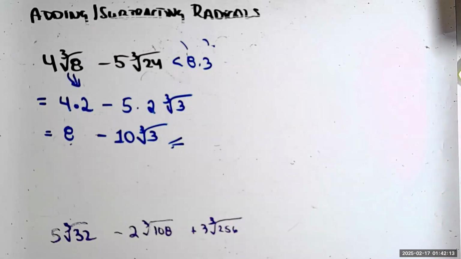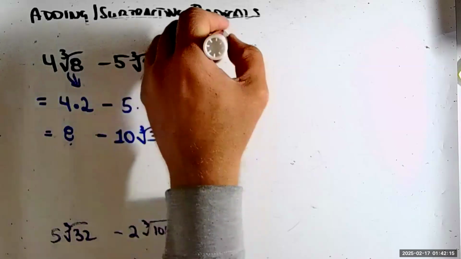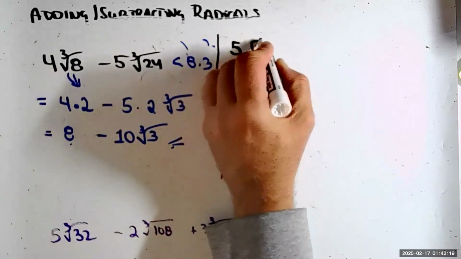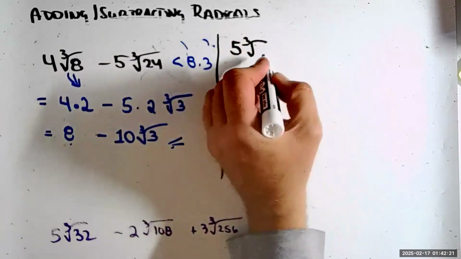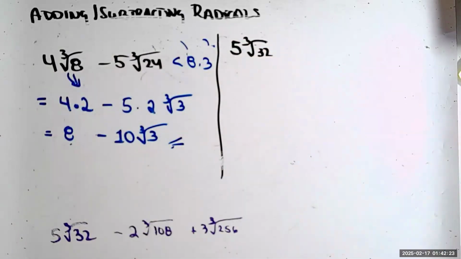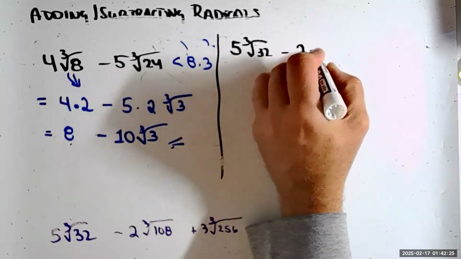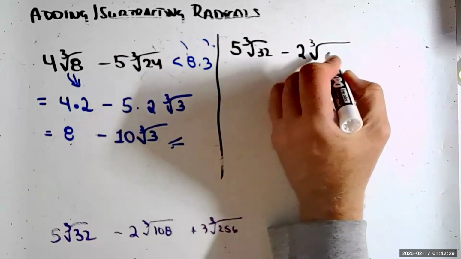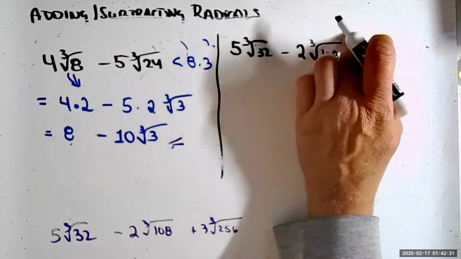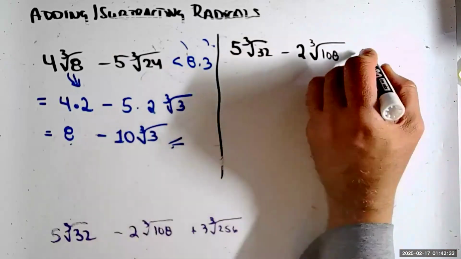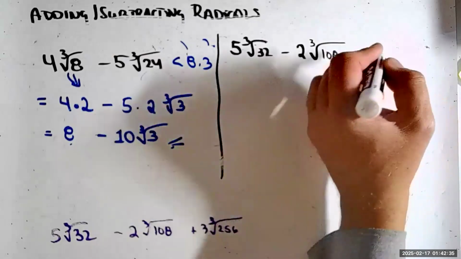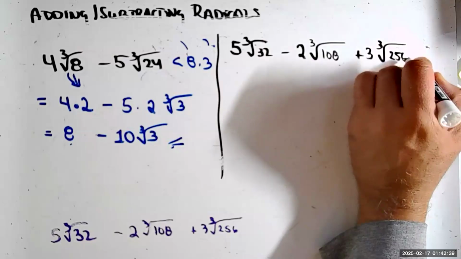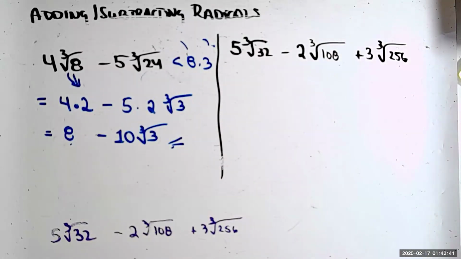And then the last example that I wrote was 5 cube root of 32 minus 2 cube root of 108 plus 3 cube root of 256.